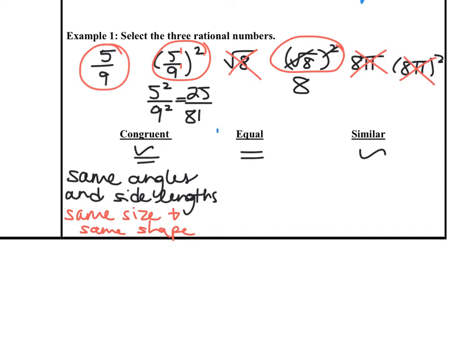Okay, I'm going to draw a line down. Next is equal. That should be one you're familiar with. Means that it's same in measure if we're talking about shapes. And then lastly, similar.